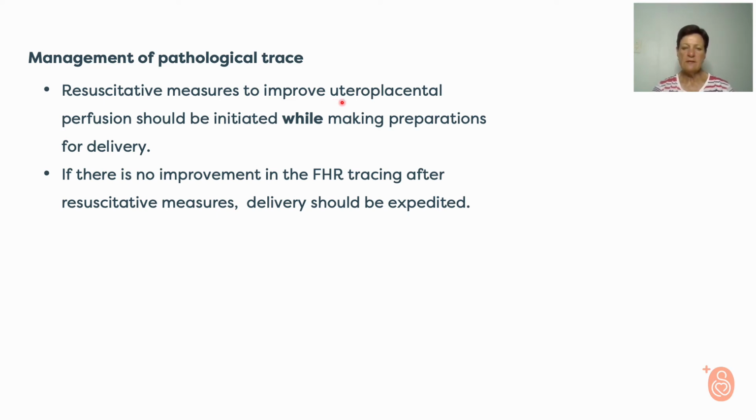That's our main aim. And then if nothing happens and if the fetal heart rate doesn't improve, the next very important thing is to expedite delivery in either the form of a cesarean section or, if the patient is fully dilated, the baby can be delivered quickly by doing that.